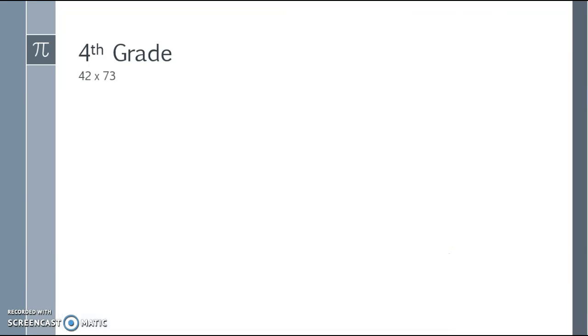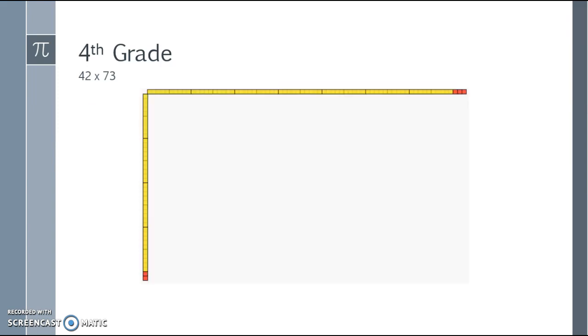Let's try 42 times 73. So we want to find 42 groups of 73 or vice versa, 73 groups of 42. So I'm going to do a different approach. It's still an array model here. Notice along the left-hand side, I've got 10, 20, 30, 42.